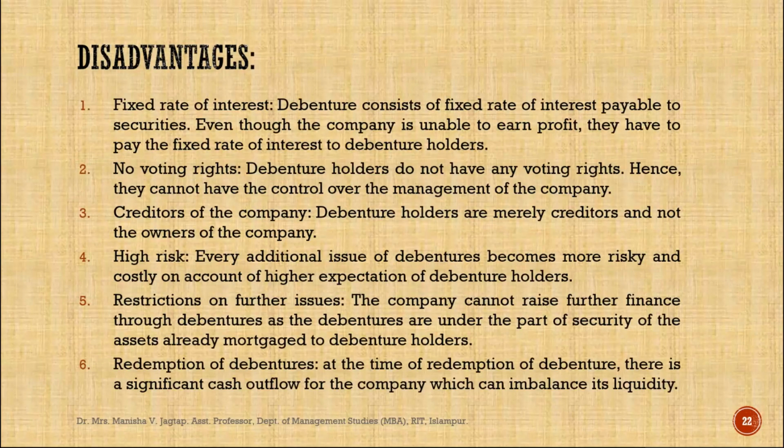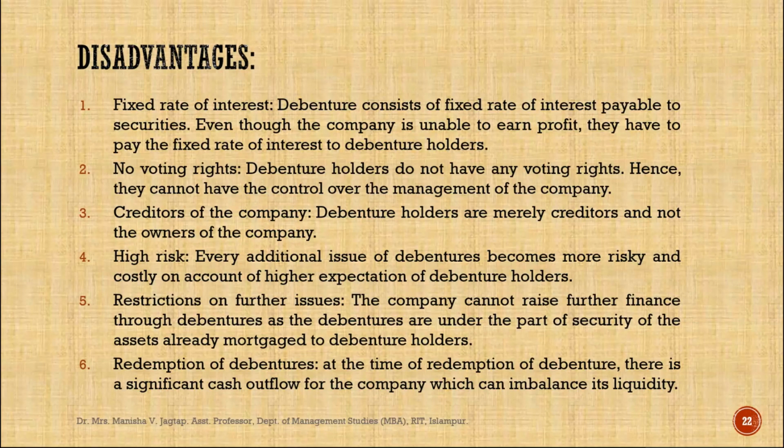Next is disadvantages. First, fixed rate of interest. Debentures carry a fixed rate of interest payable to security holders. Even though the company is unable to earn profit, it has to pay the fixed rate of interest to debenture holders.